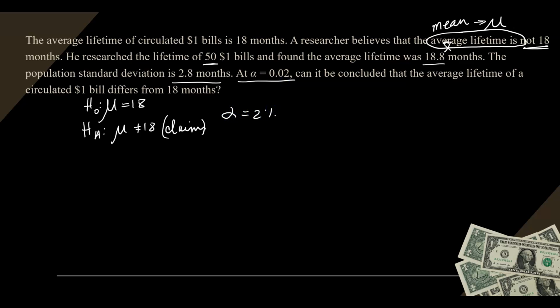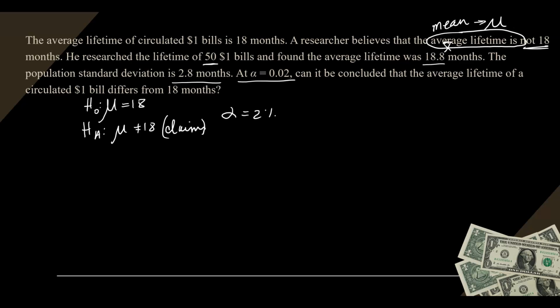Now, what kind of test am I going to be performing here? It depends on what type of standard deviation I have. If sigma, the population standard deviation, is given to me, I can go with a z-test. If I do not have the population standard deviation and I have to use the sample standard deviation in its place, then I have to do a t-test.